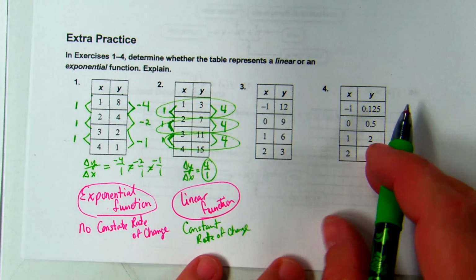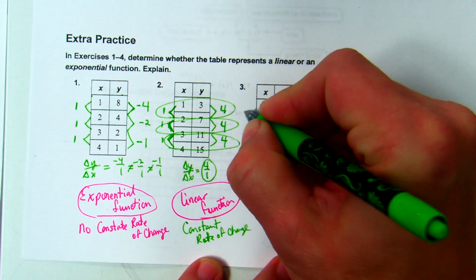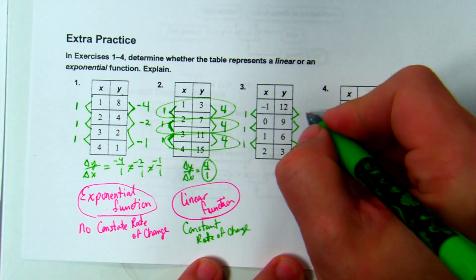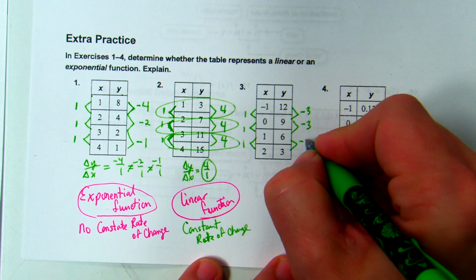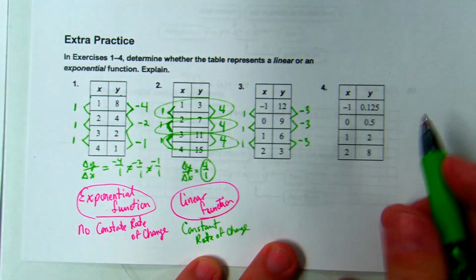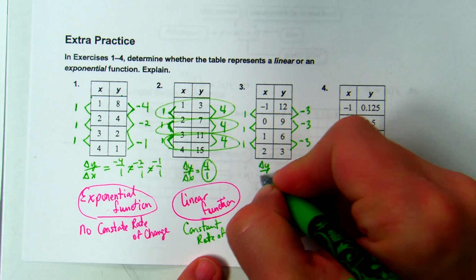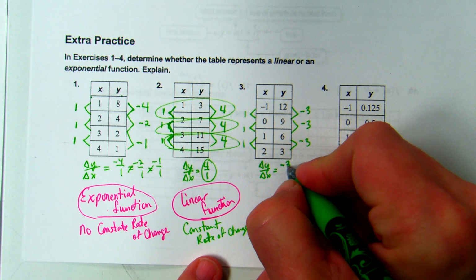Okay, for number 3, again, our changes in x are all 1s. Our changes in y's, we have a -3, a -3, and a -3 again. Correct? So everything here is the same. Constant rate of change again. Our change in y over the change in x is equal to -3 over 1.